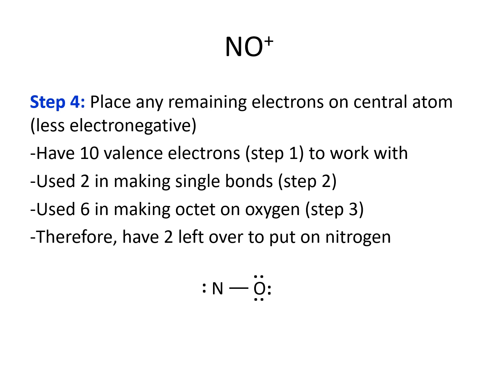Step 4. Place any remaining electrons on the central atom. We started with 10 in our pot. We used 2 making the single bond, and 6 more giving oxygen its octet. That means there are 2 left to put on the nitrogen.